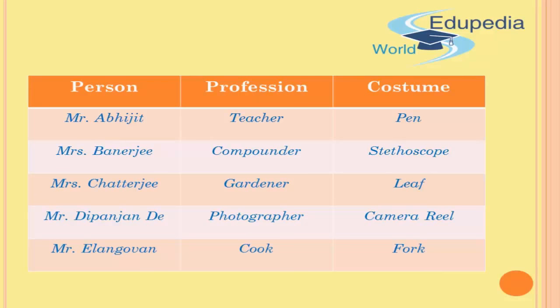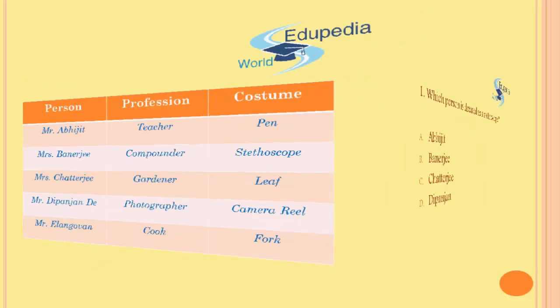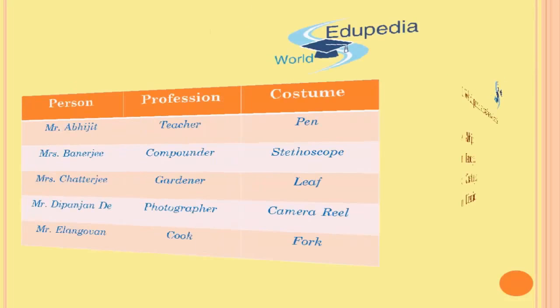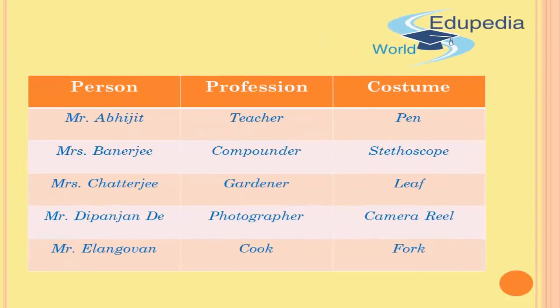So let us see what are the questions asked along with this data set. So the first question is that which person is dressed as a stethoscope? And I have four options: Abhijit, Banerjee, Chatterjee, or Dipanjan Dey. So let me quickly refer my table. And I know that Mrs. Banerjee is dressed as the stethoscope.